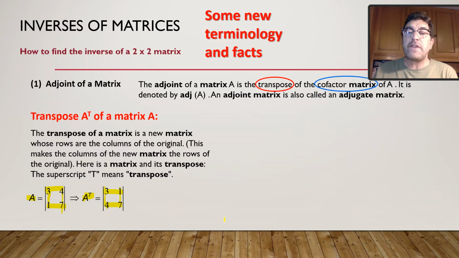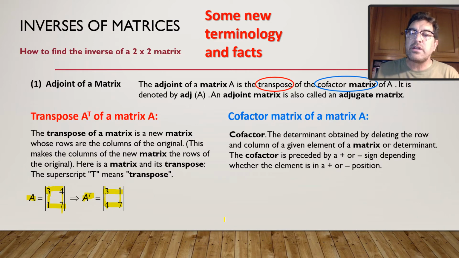The cofactor matrix of A is as follows. The determinant obtained by deleting a row and column of a given element of a matrix. Okay, please, we're going to find the determinant by deleting rows and columns.